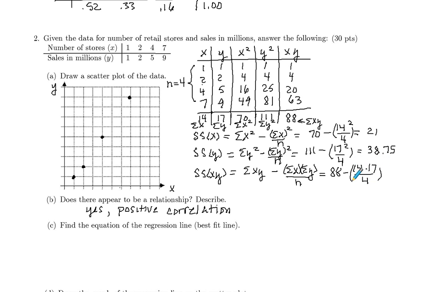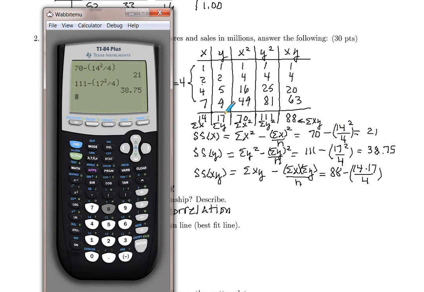I'd go ahead and put these in parentheses. So let's do that. So 88 minus parentheses 14 times 17 divided by 4, close up your parentheses, and 28.5.